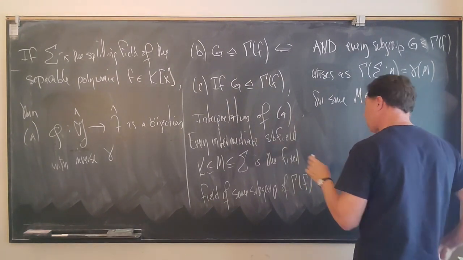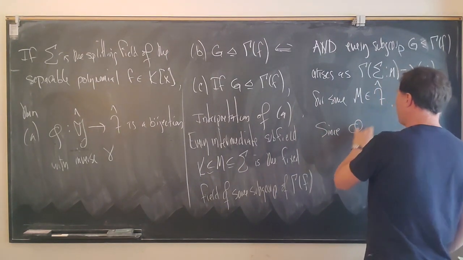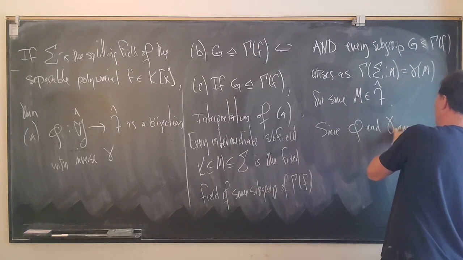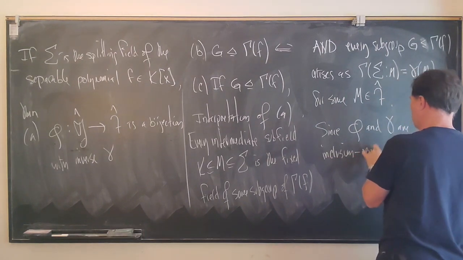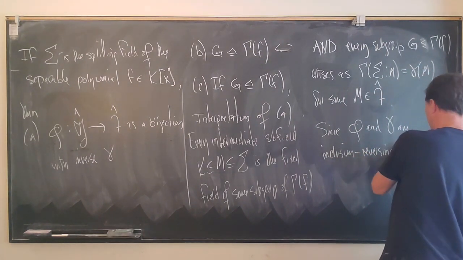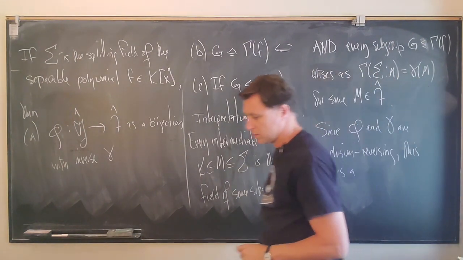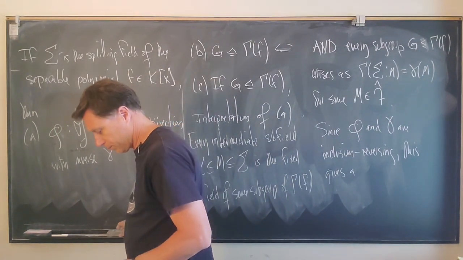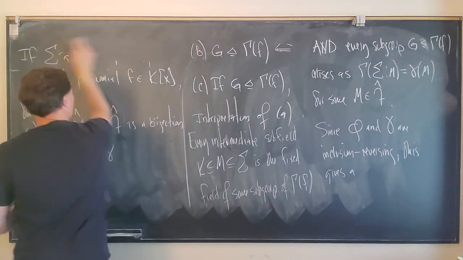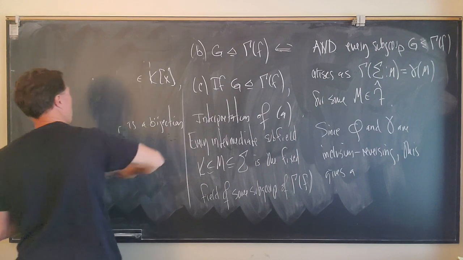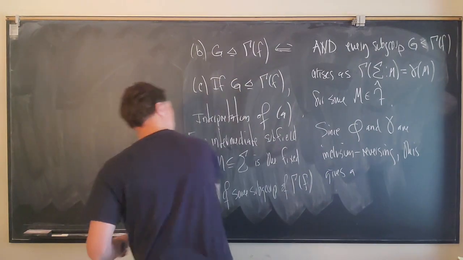And how this correspondence works, so now we need to remember, since phi and gamma are inclusion reversing, this gives an isomorphism between certain lattices. But let's say it this way. Let me rephrase this.